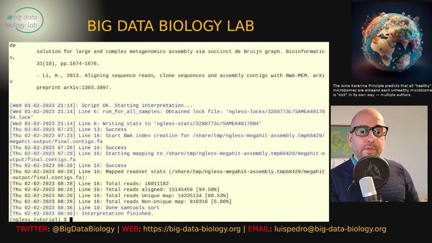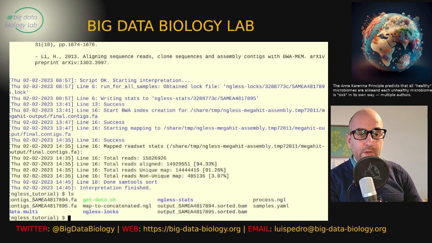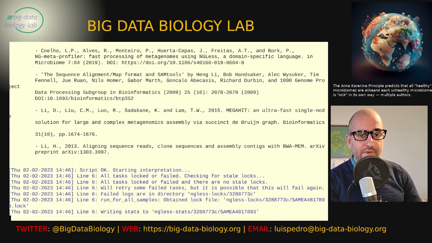One important thing to know is that once you run this, it runs for one sample, and now you have to run NGLess one more time for another sample. So we're just going to run it again, jump to the next one, and now we have to run it a third and final time.